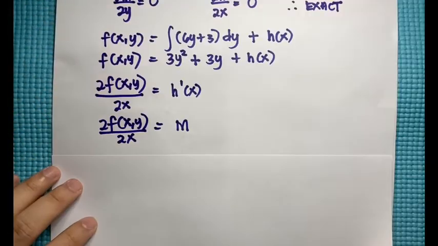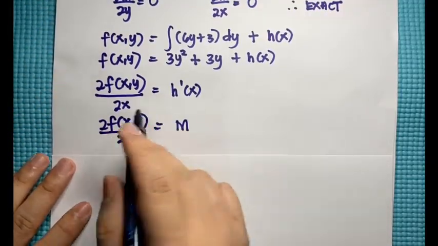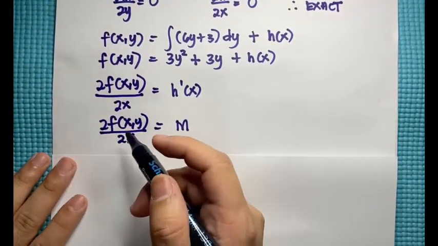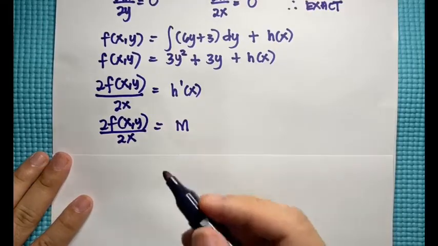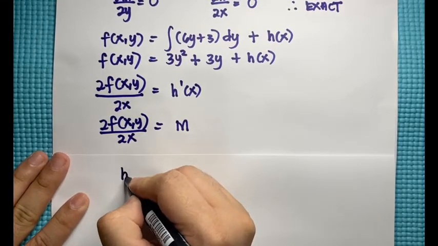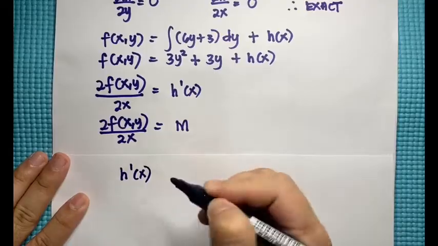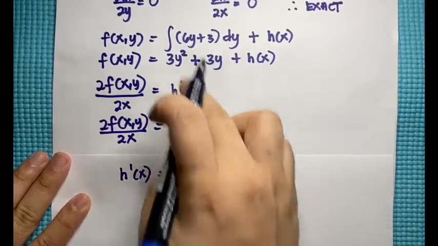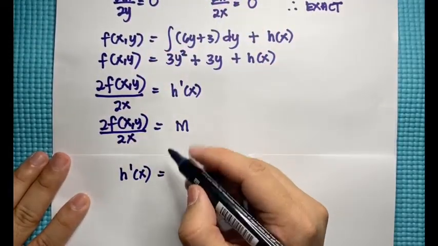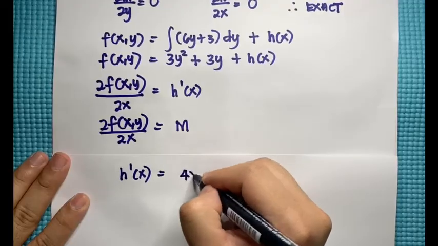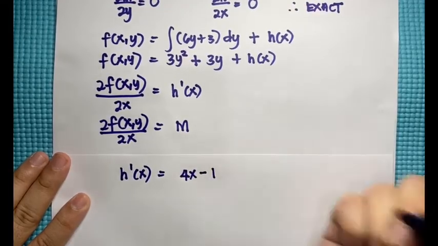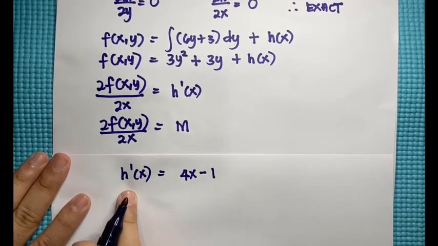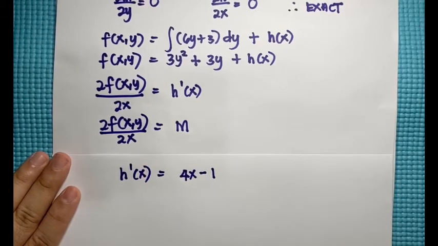So we will be substituting the partial derivative of f of xy with respect to x, which is equal to h prime of x, and m is equivalent to 4x minus 1.